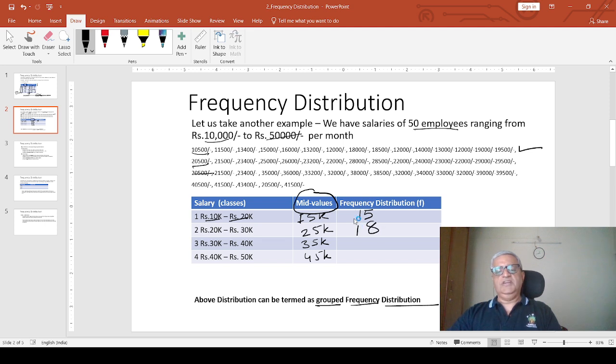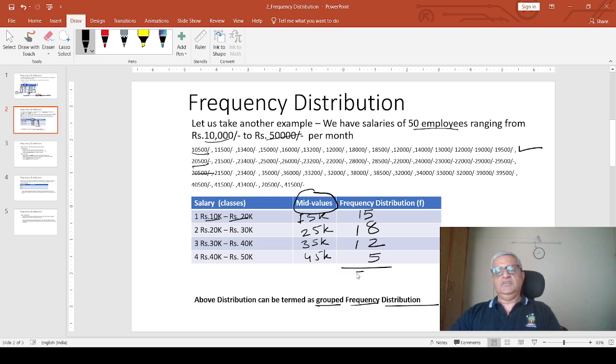I have 18 employees having salaries between 20 to 30K. Then 1 to 12, so 12 employees between 30 to 40K, and I have 5 employees between 40 to 50K.